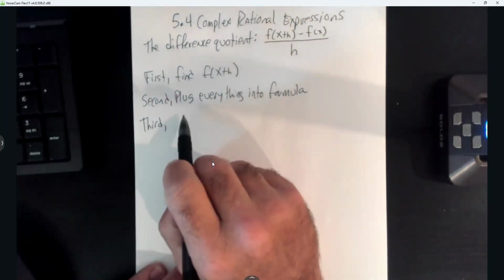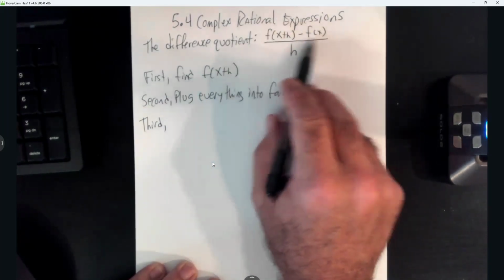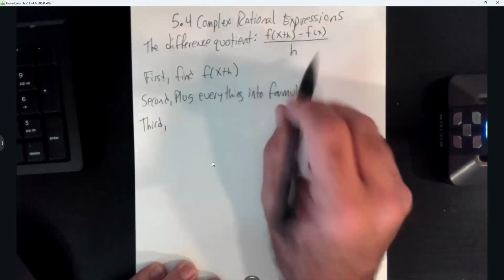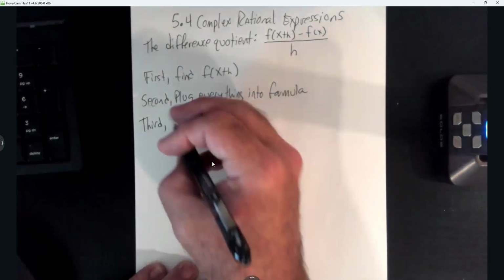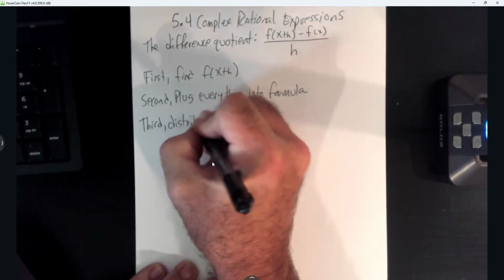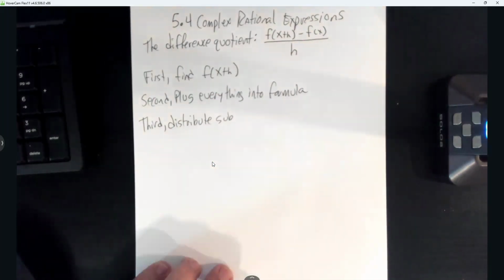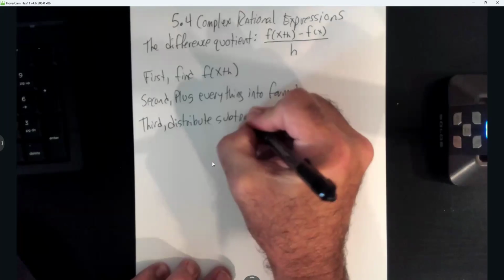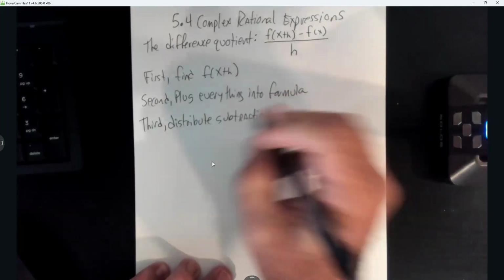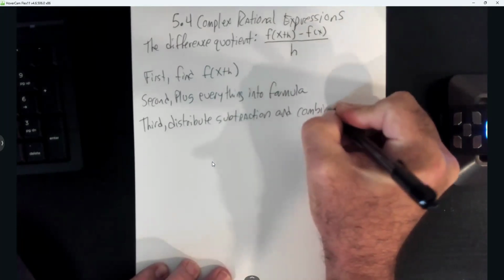So the third thing I'll do, I'll plug everything in the formula. I'm going to distribute the subtraction and combine like terms on top.